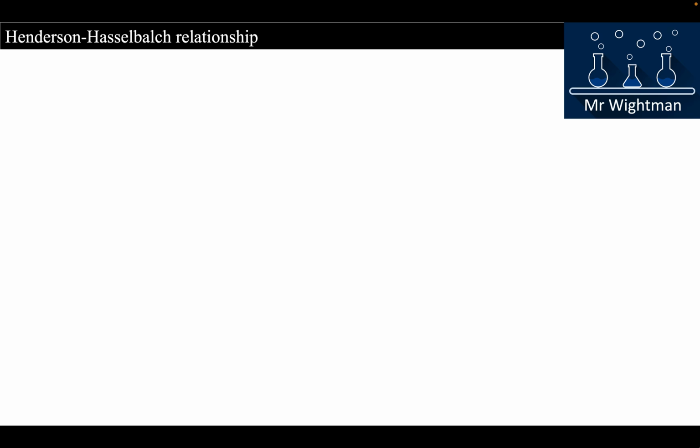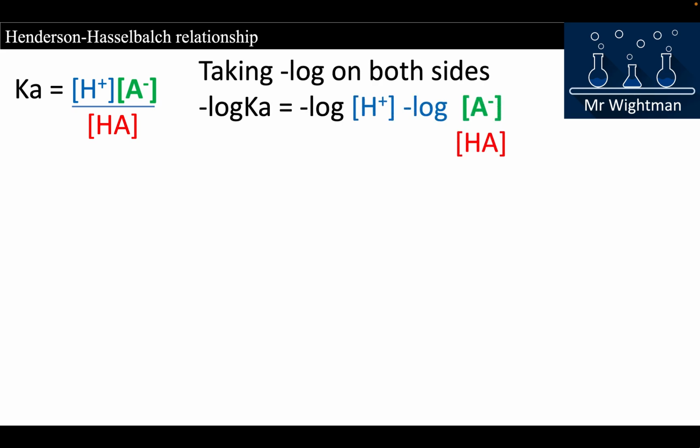You may have come across the Henderson-Hasselbalch equation. If we take our standard Ka expression and we take negative logs on either side, we get negative log Ka, and negative log H plus, and negative log A minus over HA. By definition, negative log Ka is pKa, and negative log H plus is pH.